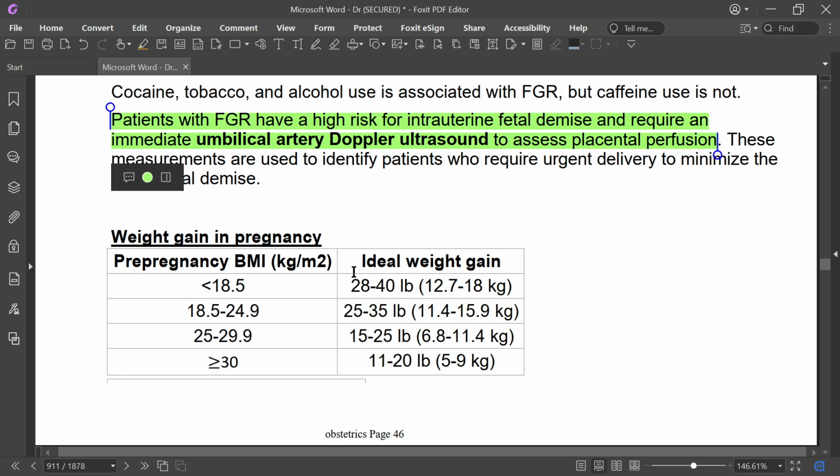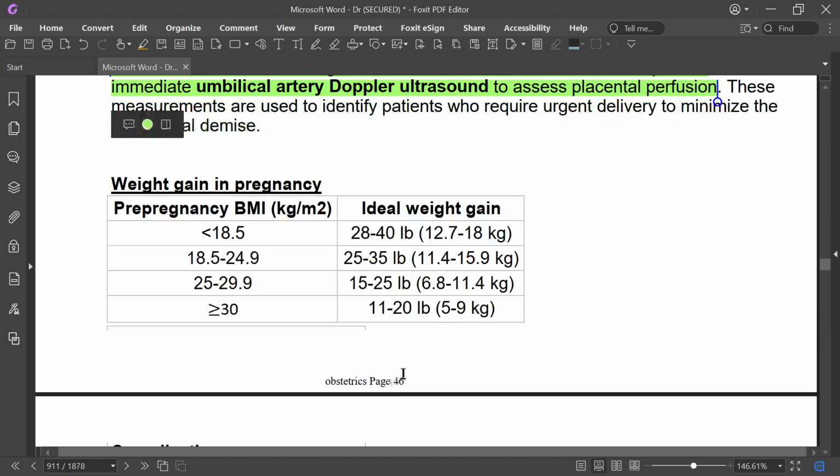Then for overweight, 25 to 29.9, 6 to 11.4 kg, and for obese, more than 30, 5 to 9 kg.